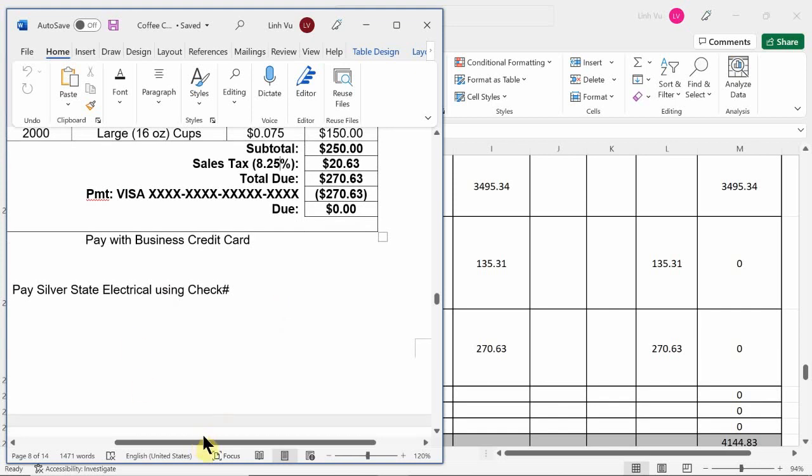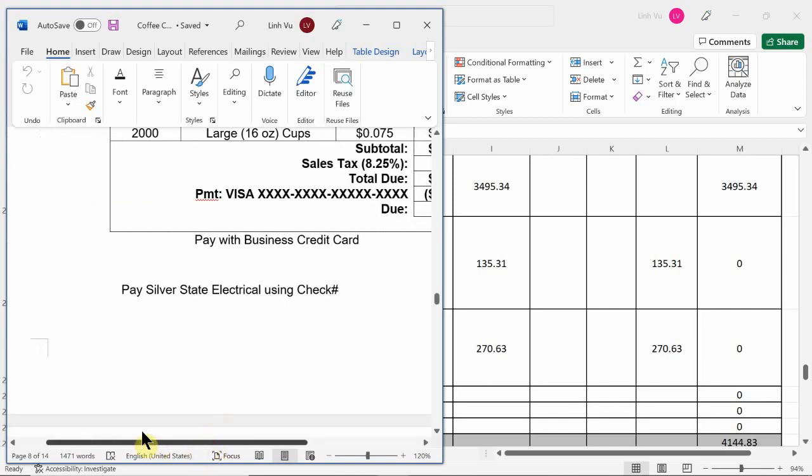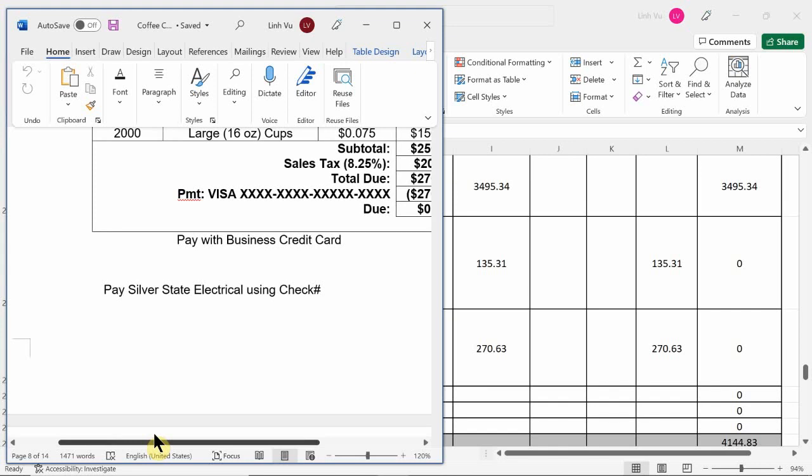Now it says pay Silver State Electrical using a check number.